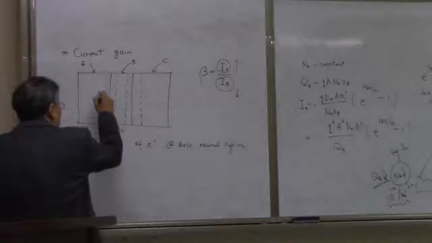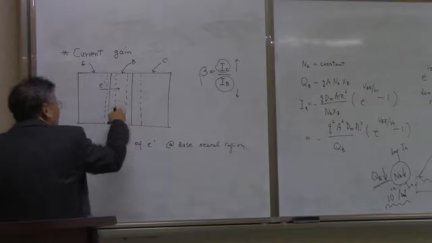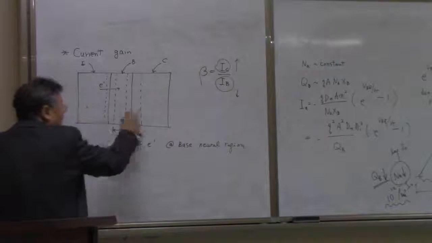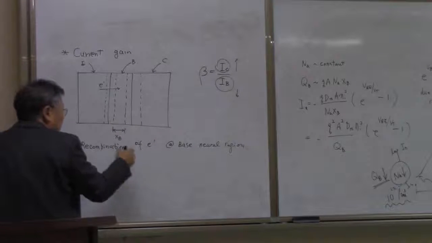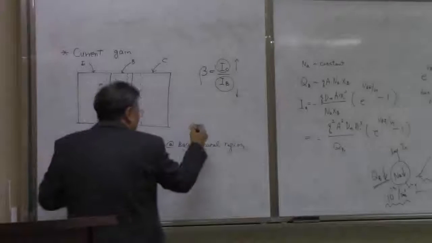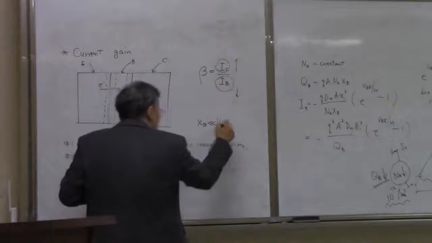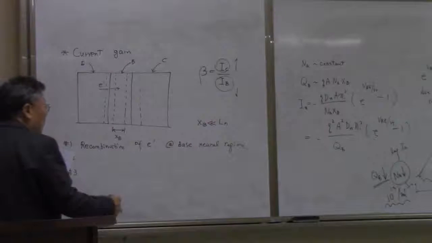This means when the electron is injected towards the base, this electron should pass this base by making the XB much smaller than the diffusion length of the electron.